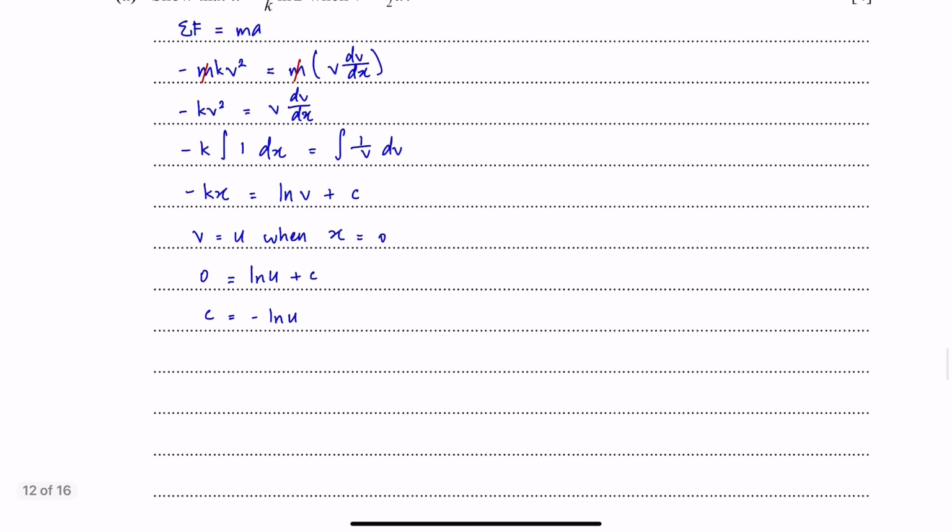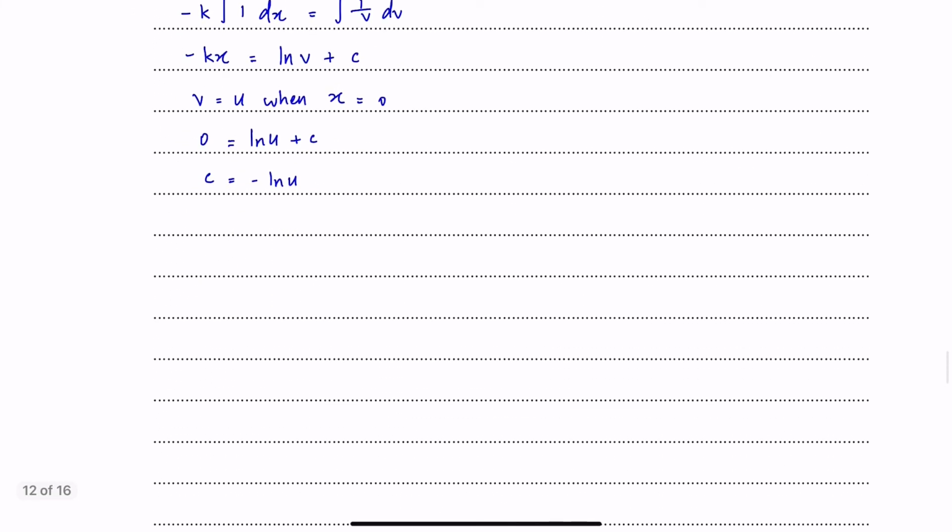Let's write the equation in terms of x first. We have negative kx equals ln v minus ln u. So x would be equal to 1 over k ln u minus 1 over k ln v.